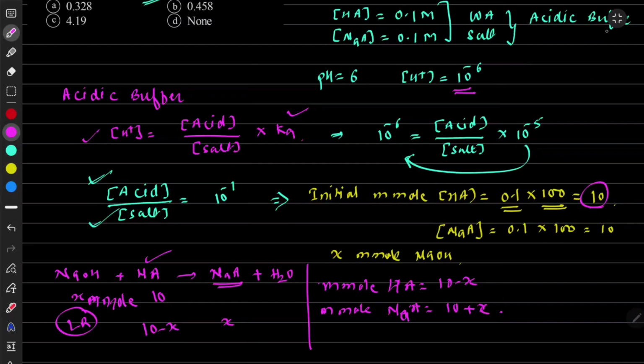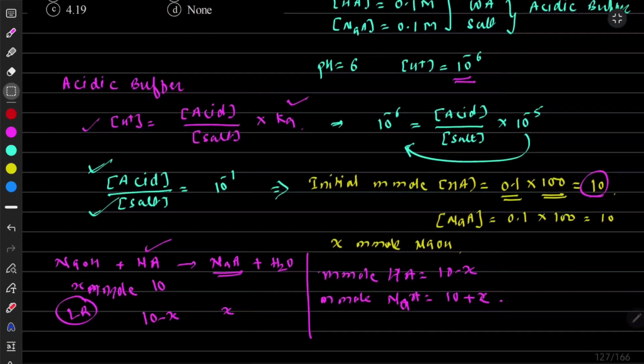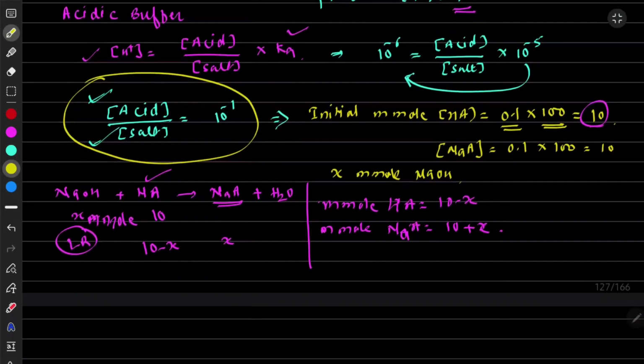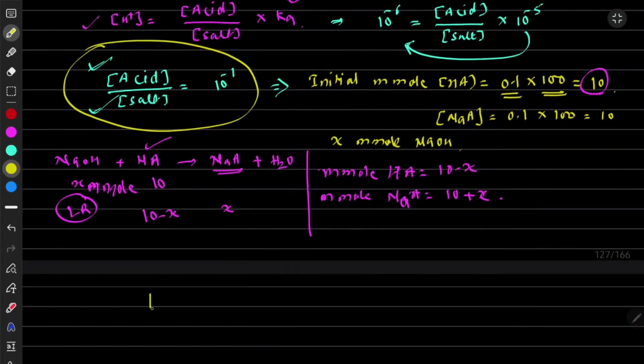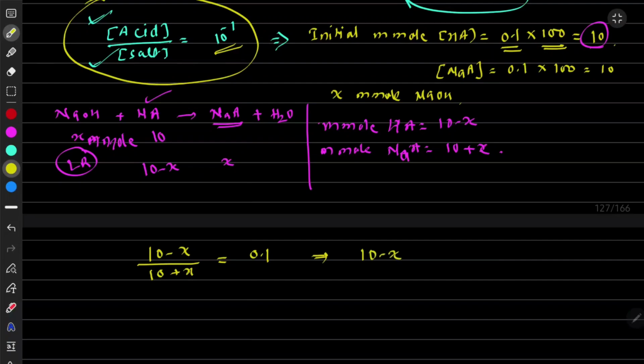Now let us put this value in this equation. This is what our requirement is, that is the final one. Therefore acid is 10 minus x, and salt is 10 plus x, and this is equal to 0.1. Solving this, 10 minus x is equal to 1 plus 0.1 x.